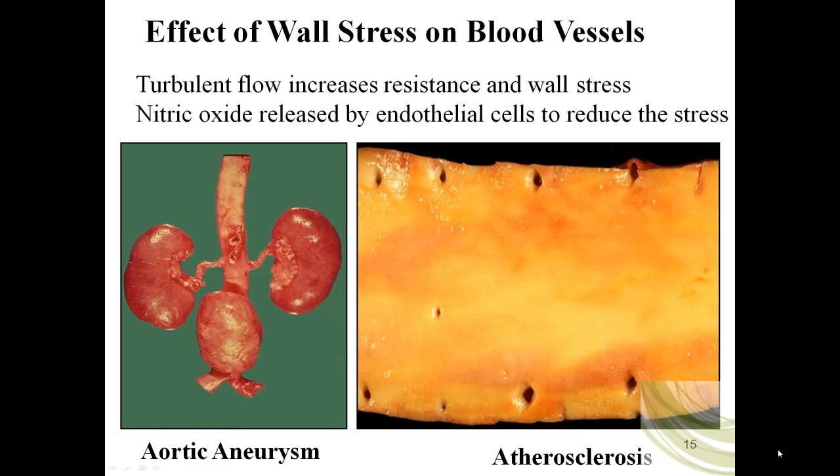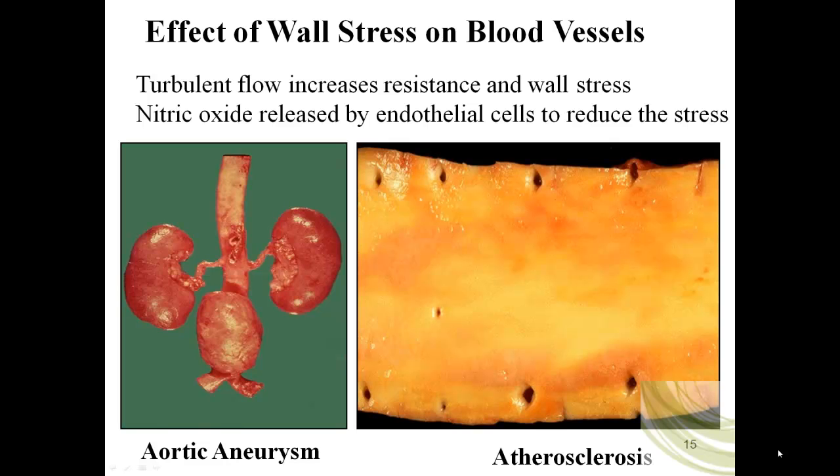If blood vessel cells cannot perform this duty, then vessel walls get stressed and they might bulge out, they might get weakened, as shown here in this aortic aneurysm. Or they can actually start having mineral deposition, like calcium deposits and plaque synthesis, and become more rigid, like shown here in this blood vessel that has atherosclerosis.